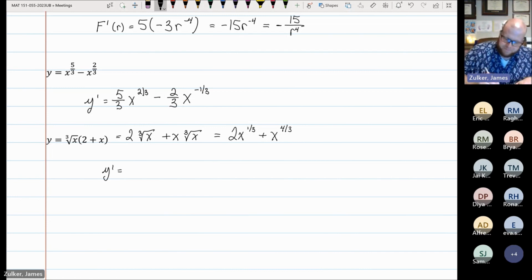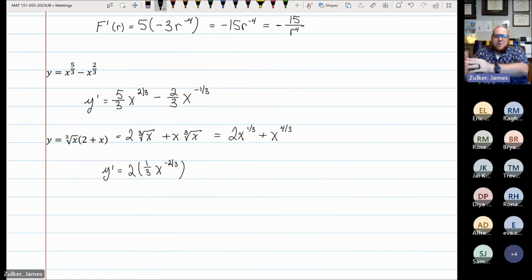Which means that y prime would be 2 times now the derivative of x to the 1/3. Power rule. Bring the power down, which is 1/3. X to the 1/3 minus 1, which is negative 2/3.